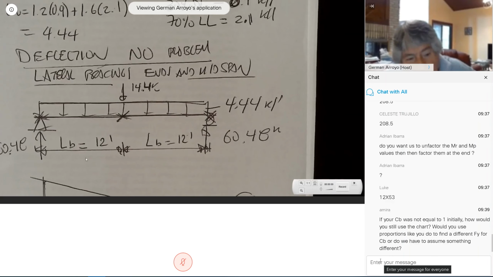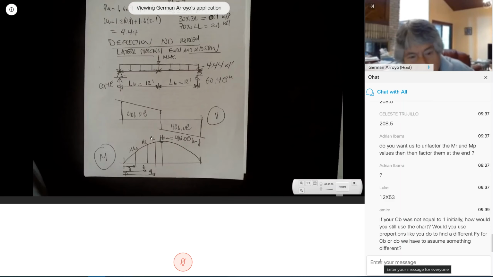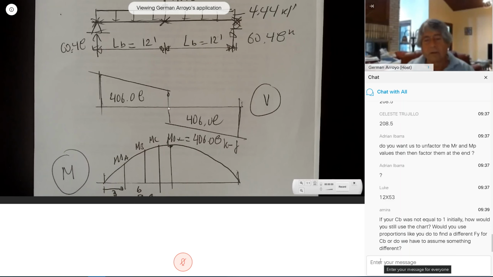So my embrace length is 12 feet. I already computed the reaction 60.48. And remember, when the shear is 0, the moment is going to be a maximum. We have to design for the maximum moment.